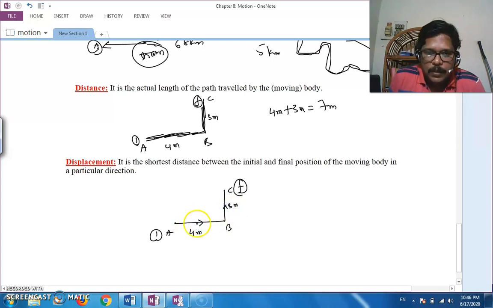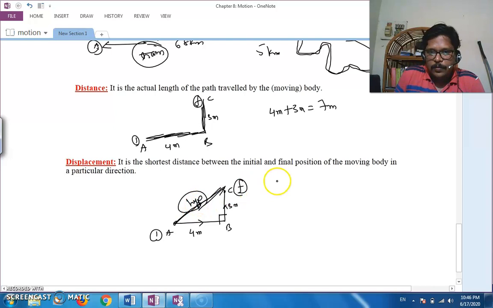Now what is the displacement? Displacement is always the shortest distance between the initial position and the final position. So you need to find the distance between A and C, the shortest path. How do we find it? We take the help of the Pythagoras theorem, taking this as a right angle triangle, with AC as the hypotenuse.